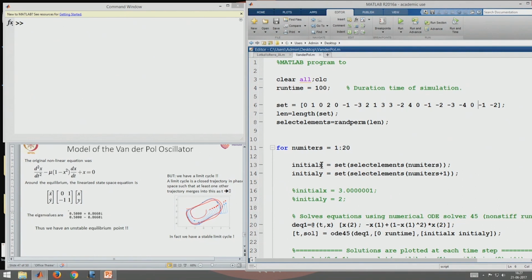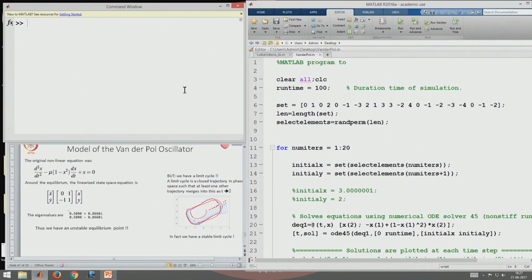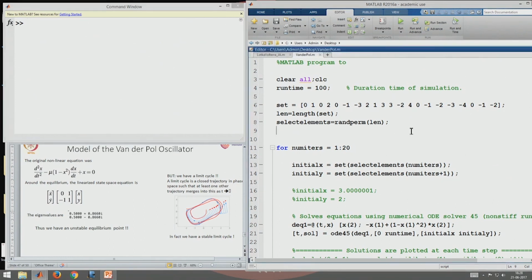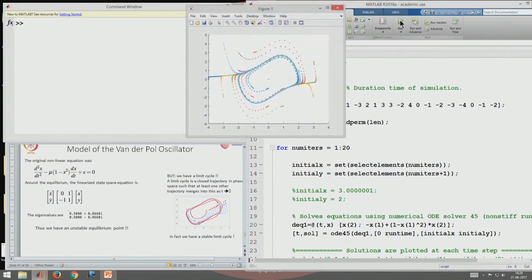An initial condition could be, for example, 0, 4, or -1, -2, or -1, 4, or 0, 3, and so forth.